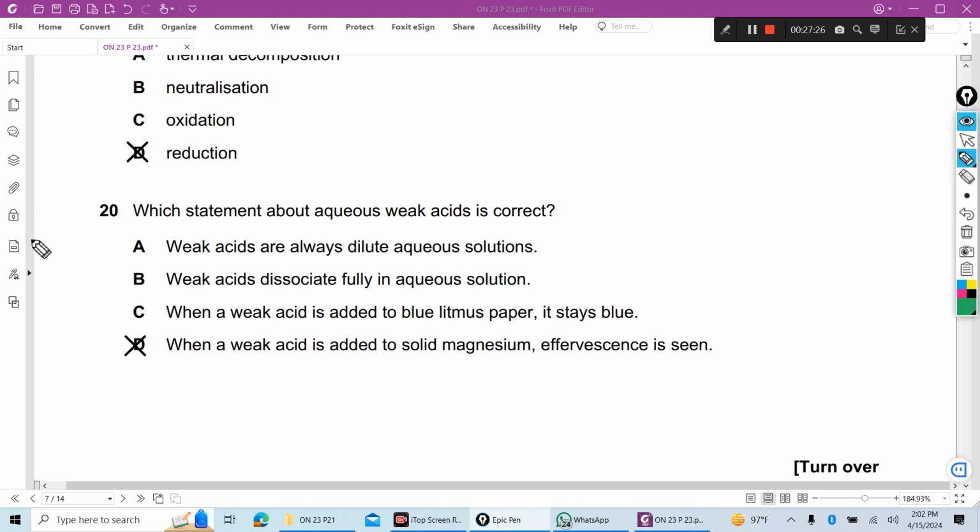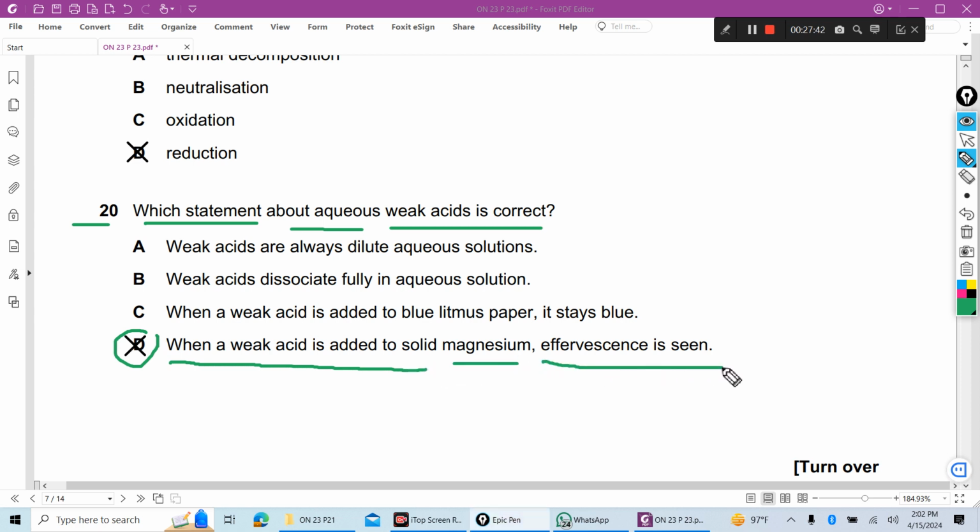Number 20. Which statement about an aqueous weak acid is correct? D is the right answer. When a weak acid is added to magnesium, effervescence is seen, bubbles of gas are seen. Yes, a weak acid also contains hydrogen ion.